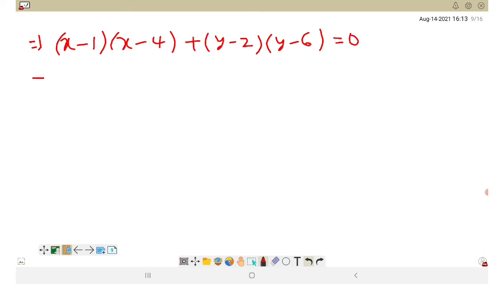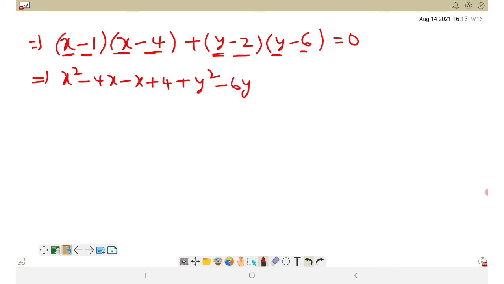Now simplify. X into x is x square, x into minus 4 is minus 4x, minus 1 into x is minus x, minus 1 into minus 4 is plus 4, plus y into y is y square, y into minus 6 is minus 6y, minus 2 into y is minus 2y, minus 2 into minus 6 is plus 12, so 4 plus 12 is 16, equal to 0.